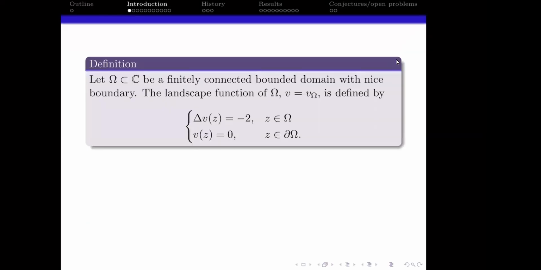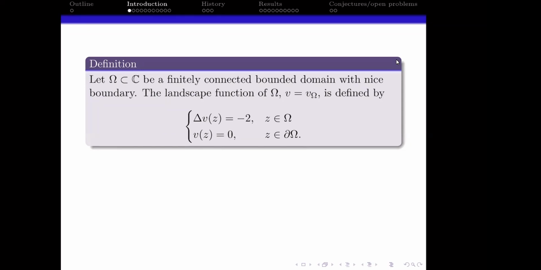So let's get started. I will only deal with domains in R2, so in the plane. What is the main object of our talk? Let's take a bounded domain, finitely connected, which means it's okay to have a few holes in it. For the purpose of this talk, you can imagine that the boundary of the domain is very nice, say smooth.